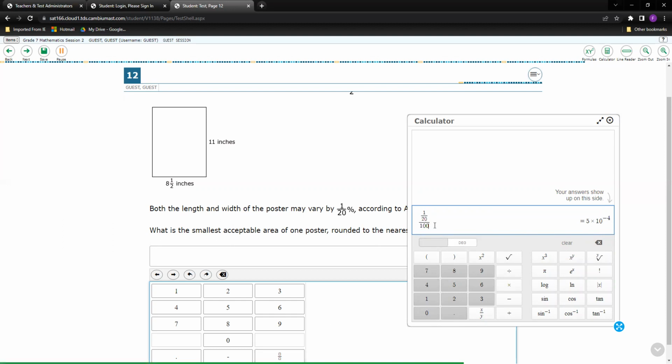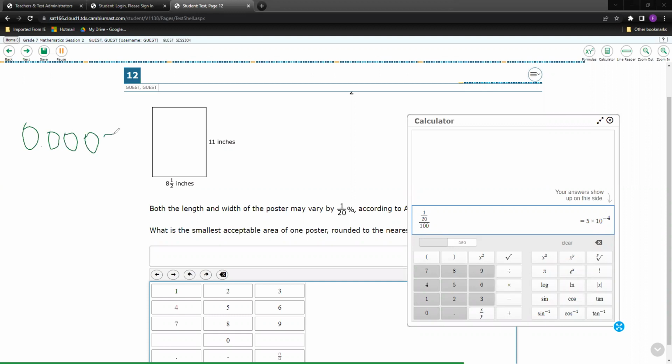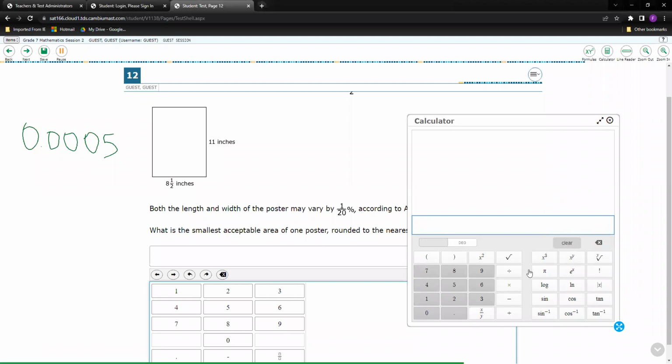So as a decimal, let me write it down. That's 0.0005. So now I need to multiply that number. Always clear your calculator. 0.0005 times 8.5. And that's the amount we need to subtract from 8.5.